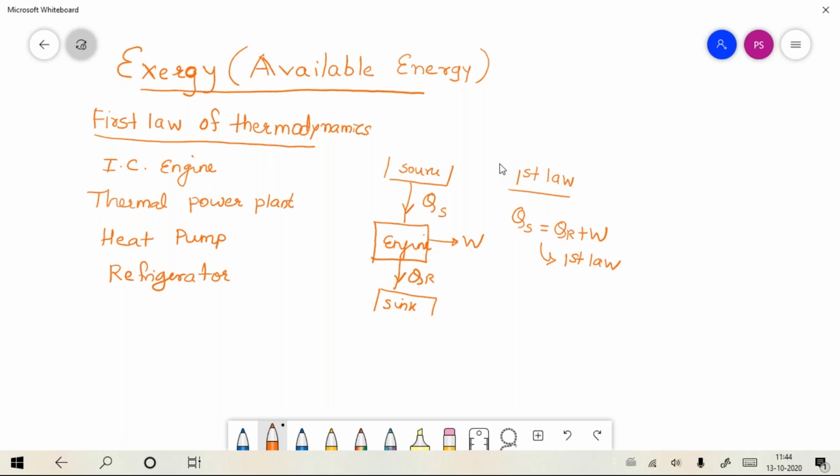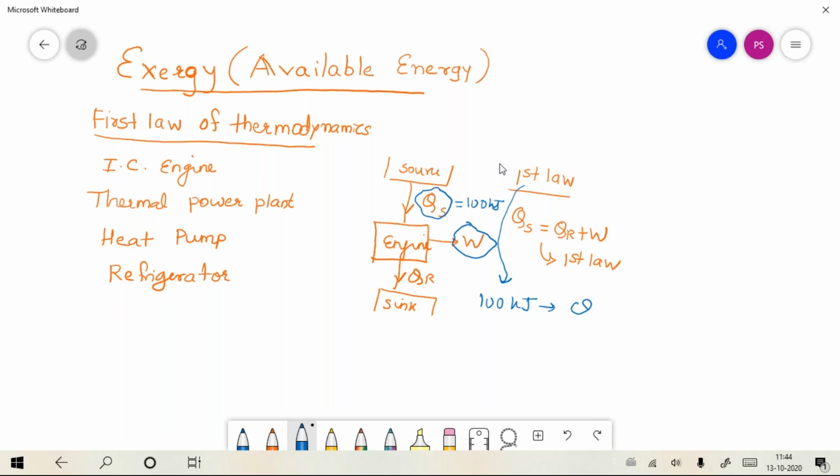Now, this first law does not differentiate between this heat and work. Suppose 100 kilojoules of heat is supplied to a heat engine.